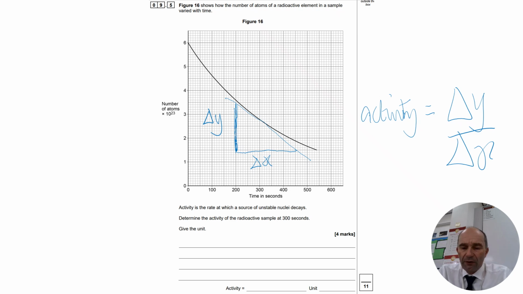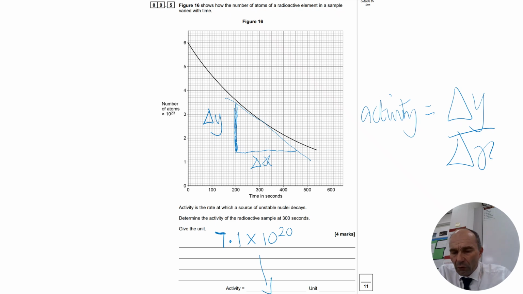But what you should end up with is a gradient of 7.1 times 10 to the 20, so the activity should come out as 7.1 times 10 to the 20. They will give you credit for anything between 6.5 and 7.6 times 10 to the 20. So that activity should go in there.